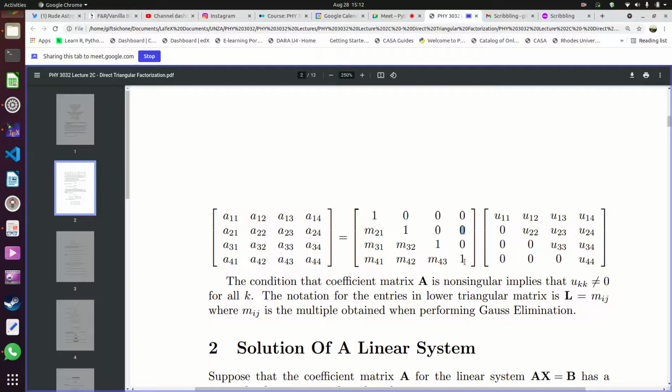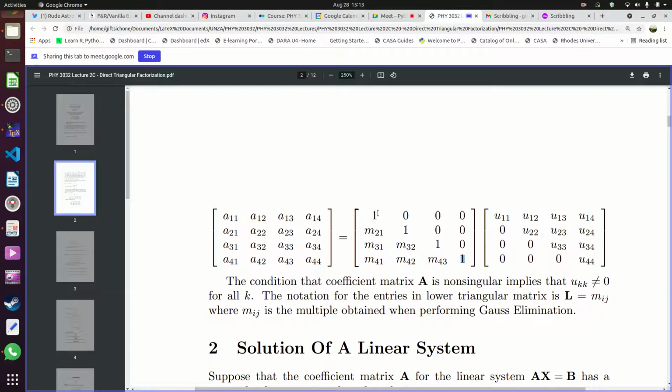All the elements along the diagonal of our lower triangular matrix are all 1s. Do you see that? Yes. That's the first thing you should notice.